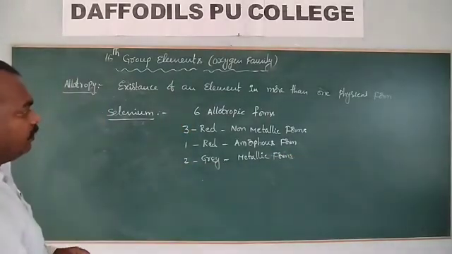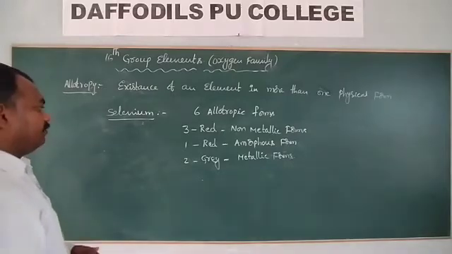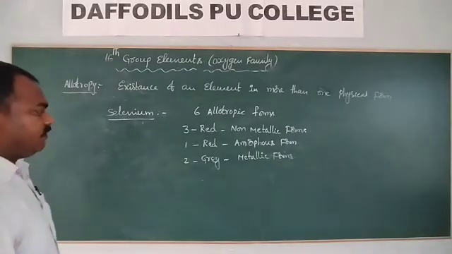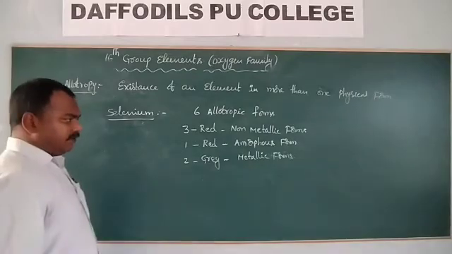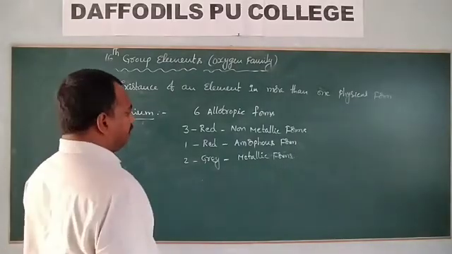So these are the allotropic forms of selenium: 3 red non-metallic forms, 1 red amorphous form, 2 gray metallic forms.